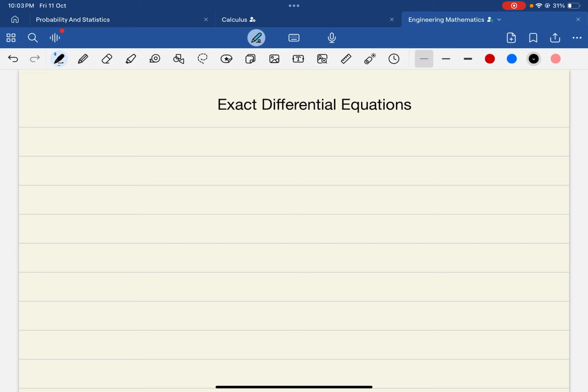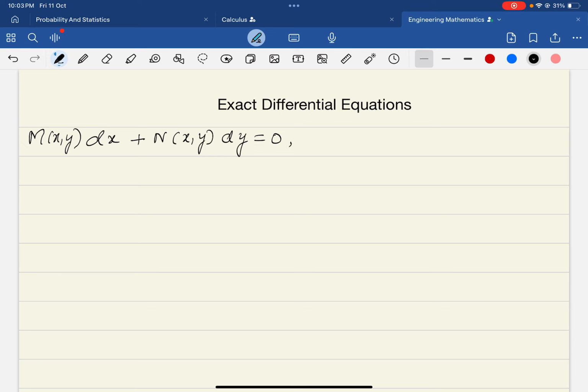First of all, I'll write down the standard form of the exact differential equations, that is given by M of x comma y dx plus N of x comma y dy is equal to 0. This is the standard form of the exact differential equation.